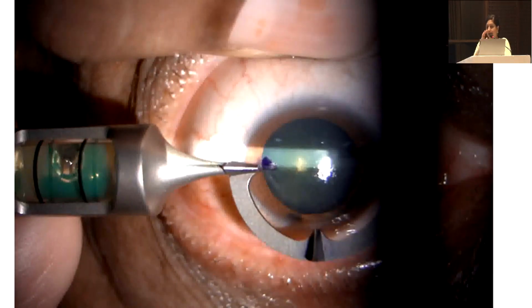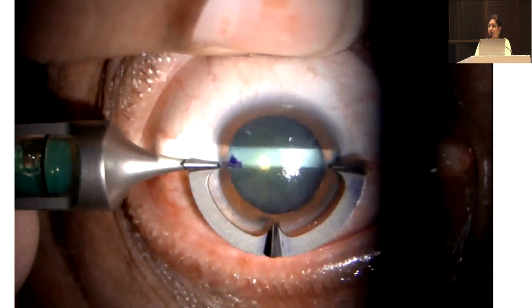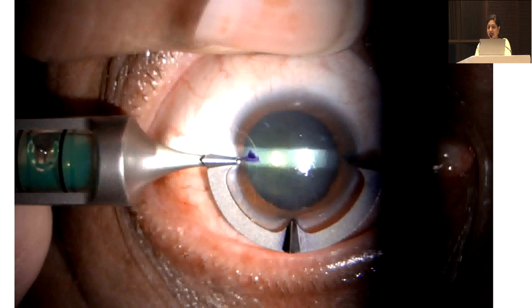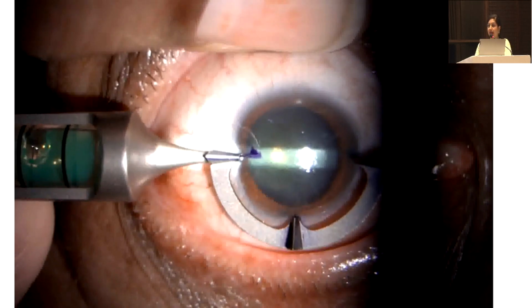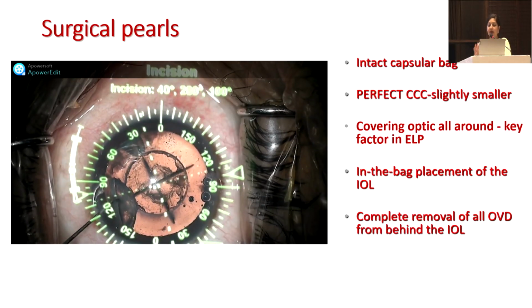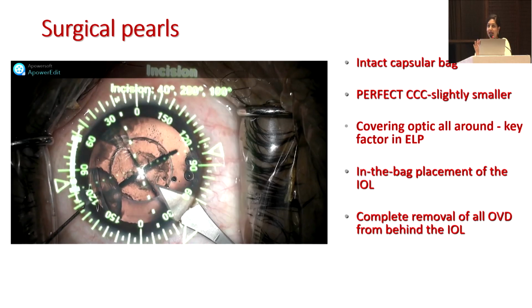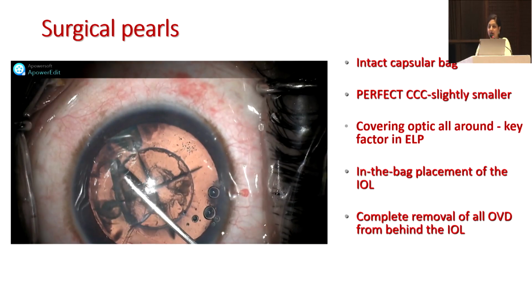Now, since we are talking about treating astigmatism along with presbyopia, if you have a digital overlay, that's fine. Otherwise, you can still do a very good job using a marker system like this. And surgical pearls: you need to have an intact capsular bag, a good perfect CCC, a femtorexis would be even more ideal.